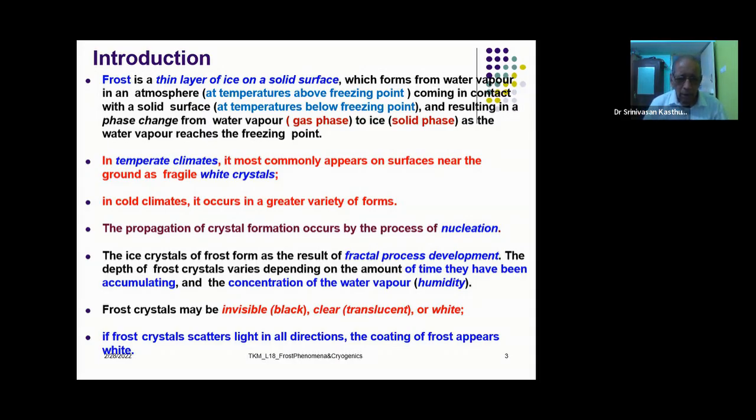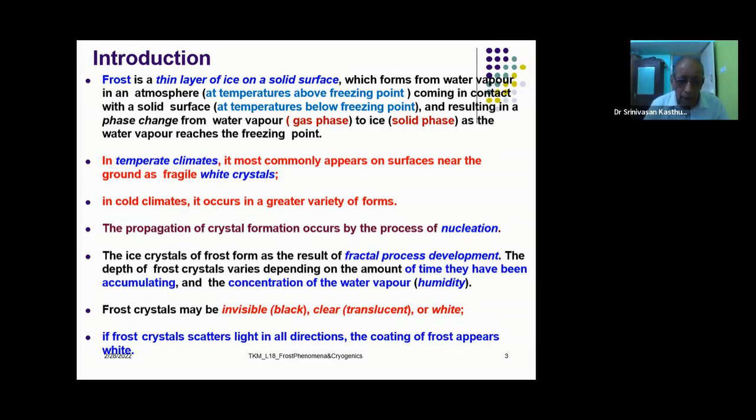There are methodologies to figure out how the ice crystals get formed, and this is decided by fractal process development. How much depth the ice crystal will form depends on various factors. One is the time for which these ice crystals are continuously accumulating. For example, if you go to the Arctic and so on, then you find ice is there all the time.